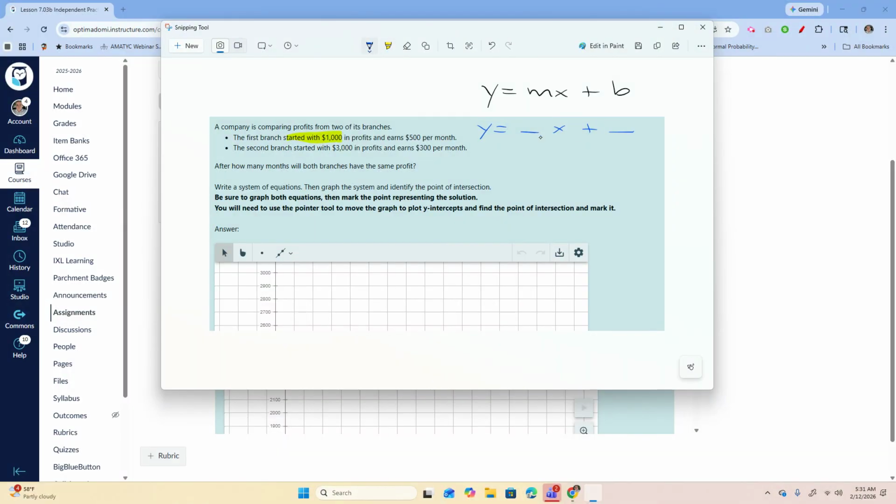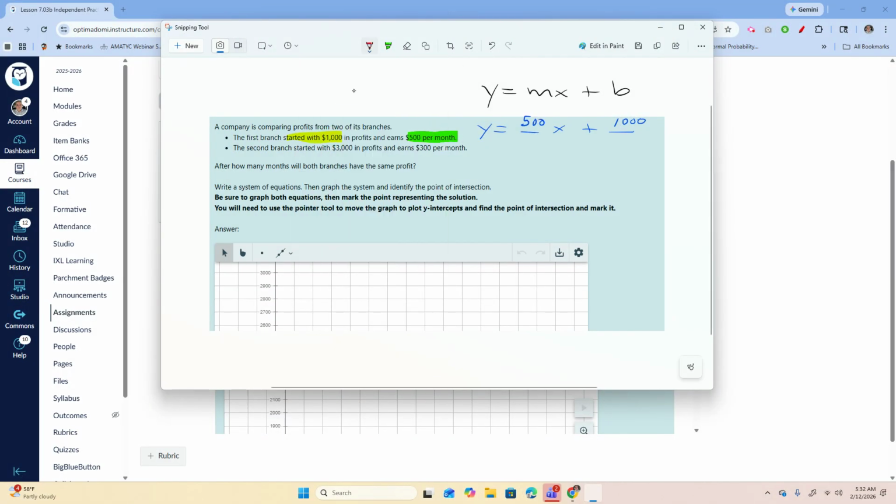So that means that my b is 1,000. That's how much I started. And earns $500 per month. So every month, the amount of money they're making is changing by $500. And that will be my m.